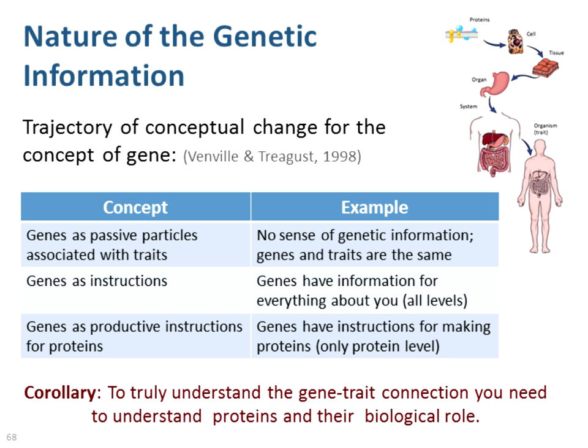So you'll hear things like, yes, if you have a genetic disorder that is irregular heartbeat, it's because you have a gene that tells your heart not to beat regularly, or you have a gene that tells you how tall you should be or what color your eyes should be. So it's non-specific information. Moving on from that, a more sophisticated understanding is what we call genes as productive instructions, and this is instructions for proteins. And this is really counterintuitive.